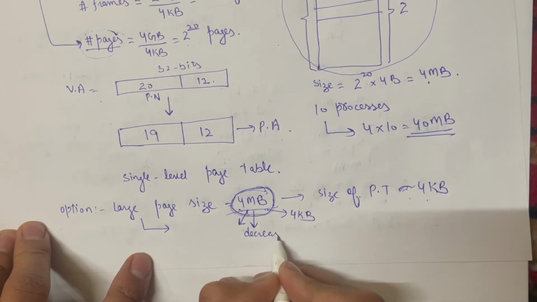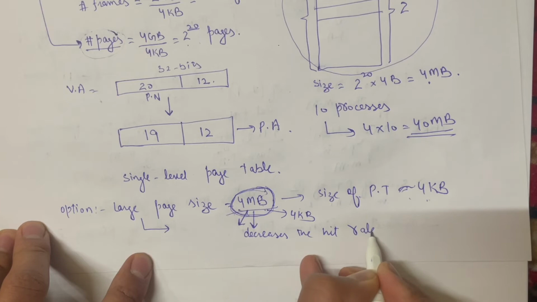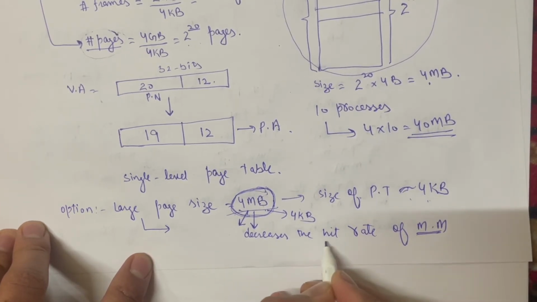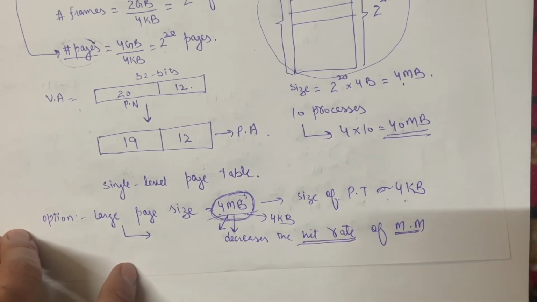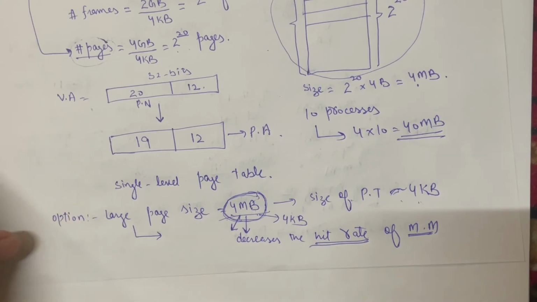So this option decreases the size of the page table, but at the same time it also decreases the hit rate of main memory. Hit rate means whether I am able to find the data in the main memory or not, because there is a possibility that some data is present in the secondary memory, and in that case that will be a miss in the main memory.